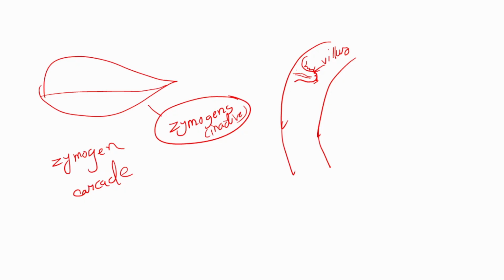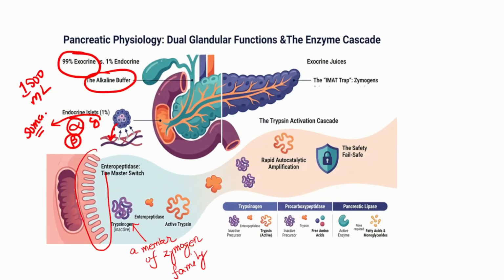Let's use a different color. This is the lacteal, which is placed centrally, and this lacteal is anchored to a primary blood vessel loop. Now we will zoom inside this villus to see what's happening there. On the brush border surface layer, we locate enteropeptidase, which functions as the master switch. The activation cascade occurs in a precise three-step sequence.